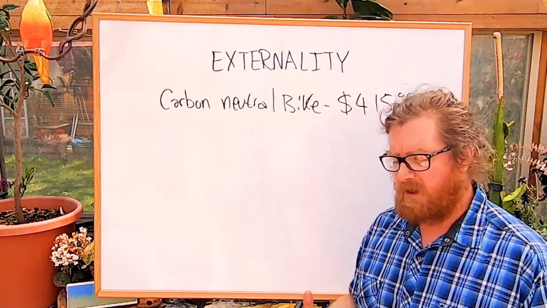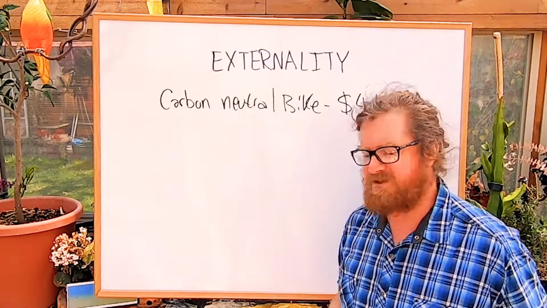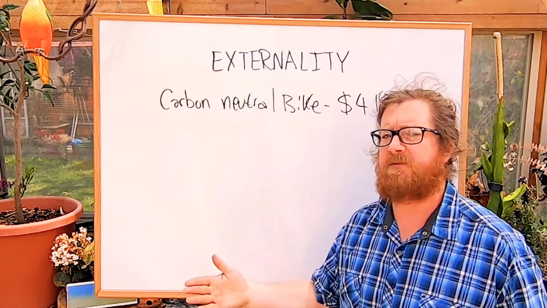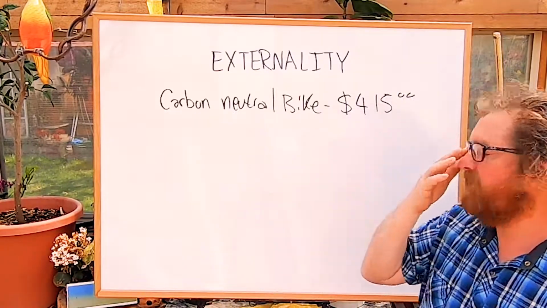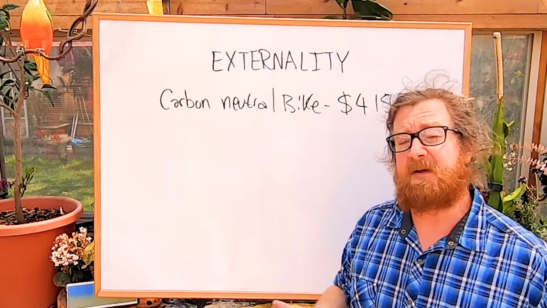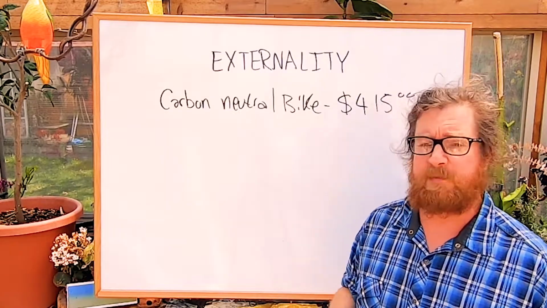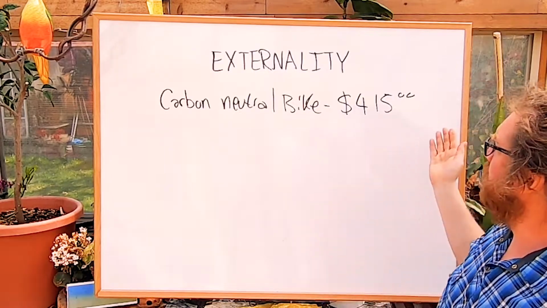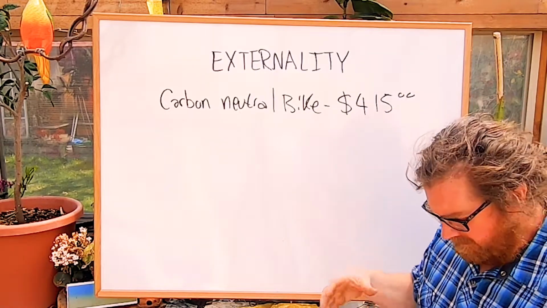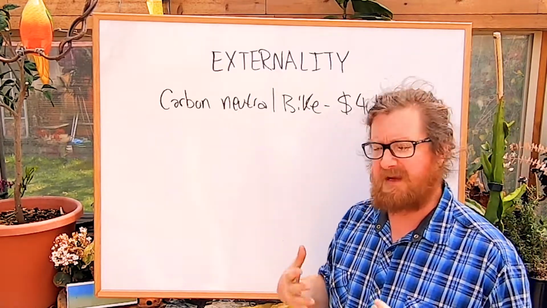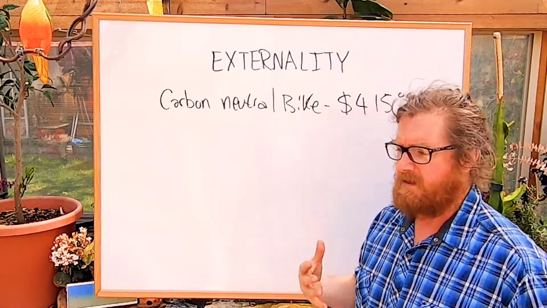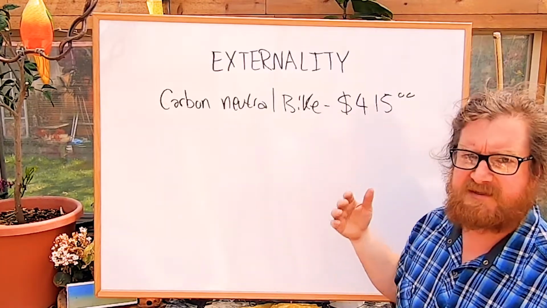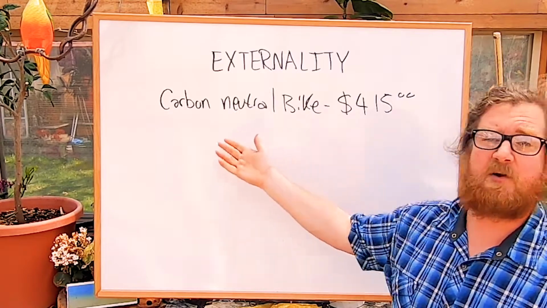If we give the company a choice, if we say, okay, which bike are you going to make? The $400 bike or the $415 bike? The company has one decision and they're going to go with money, right? So in this case, even though we could have very clear measurement and understanding of what that externality is, if there's no repercussion for that externality, the company has zero motivation, right?